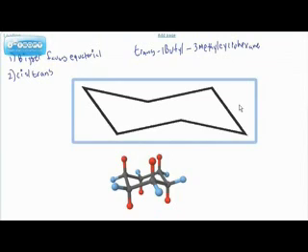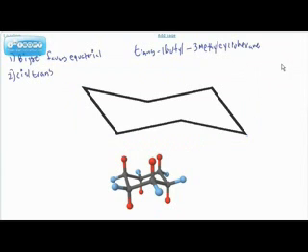Looking at this generic cyclohexane molecule, how would you now draw trans 1-butyl-3-methylcyclohexane? Well, the first thing that you should ask yourself is which one of these carbons contains the bigger substituent.